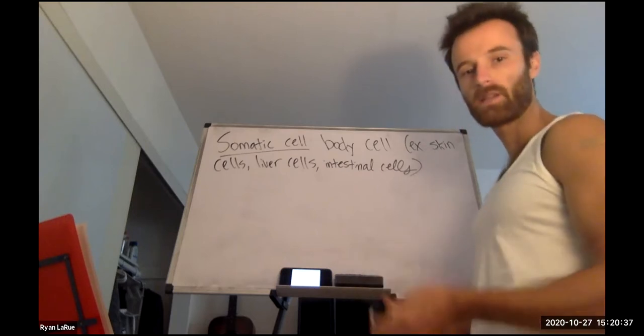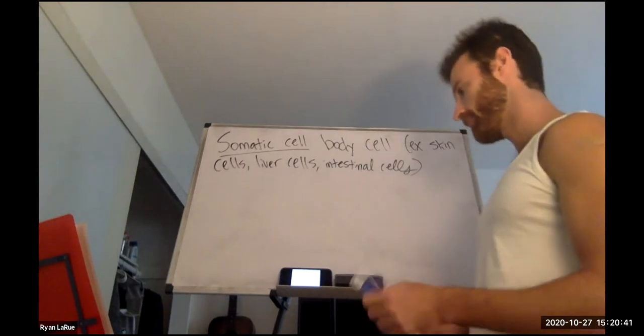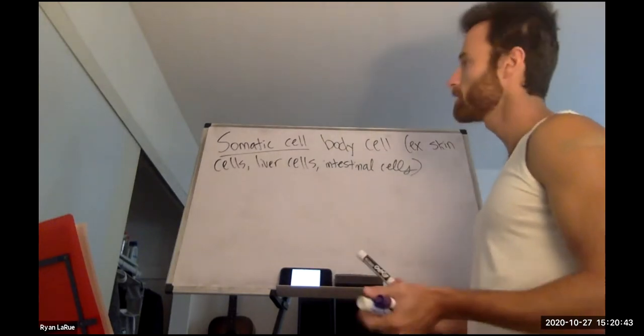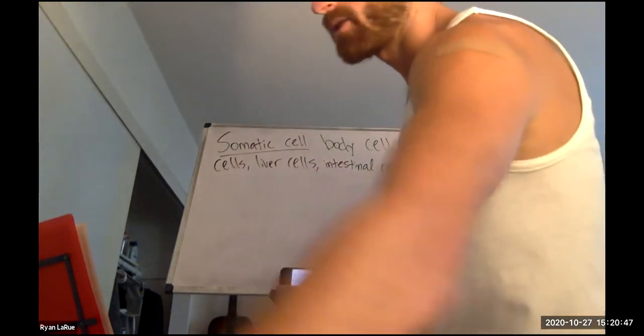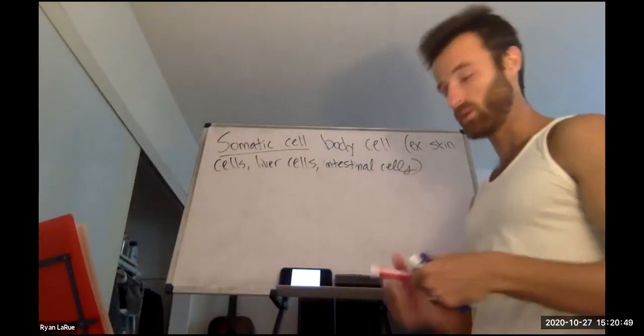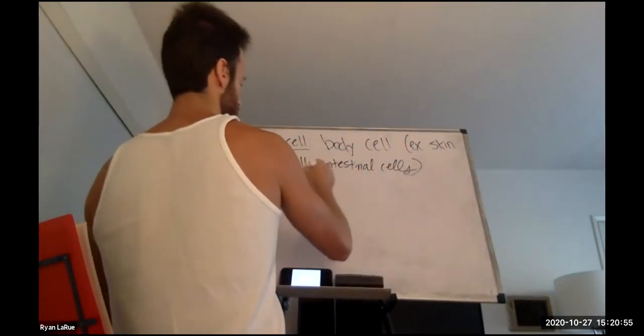Like I said, we're learning new words these 2 lectures. And a very important term is diploid. Somatic cells are all diploid, and I'll define that. So somatic cells all are diploid.